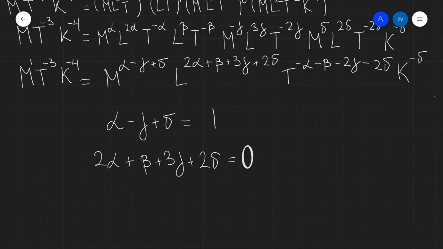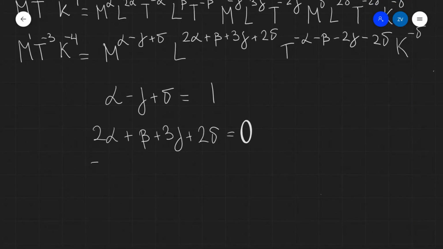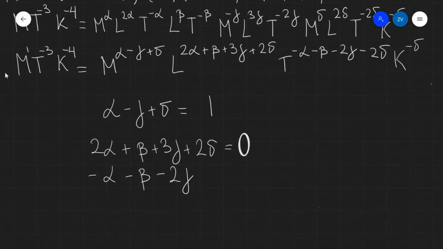After that, we're left with minus alpha minus beta, always be careful with your minus signs, minus 2 gamma minus 2 sigma. This will equal minus 3.